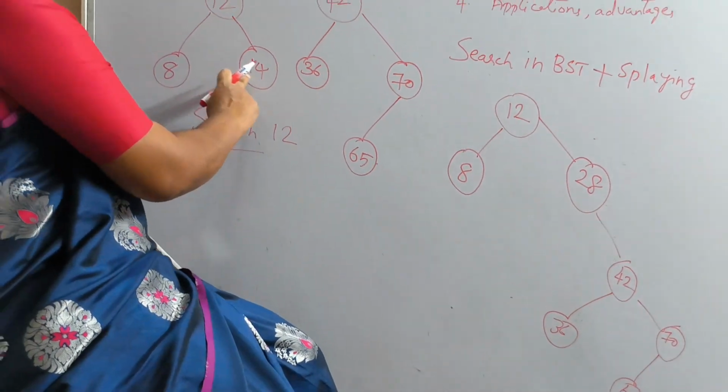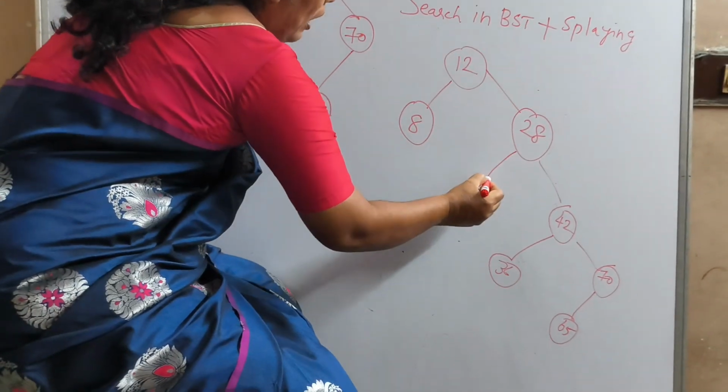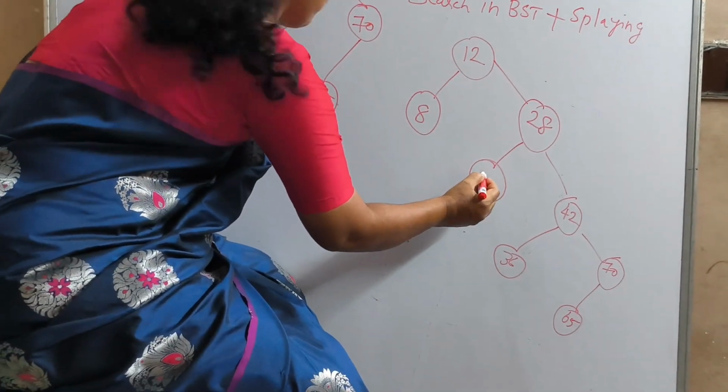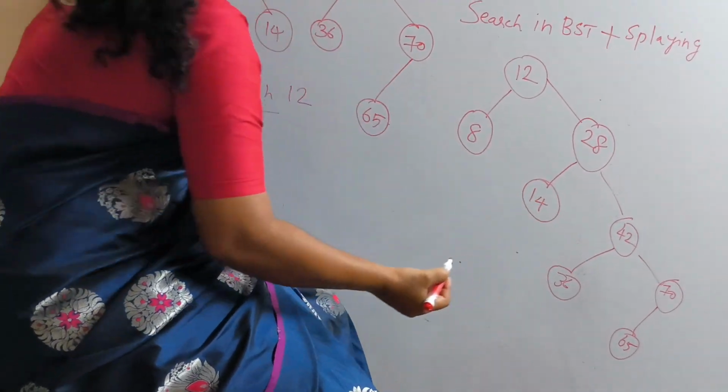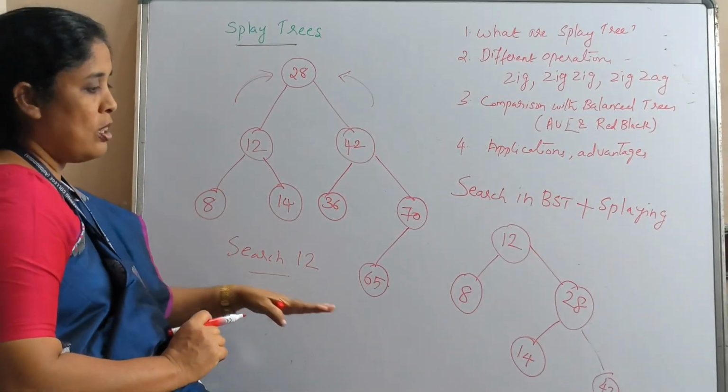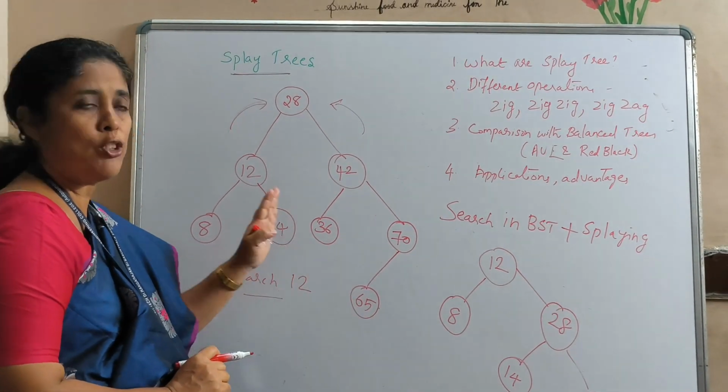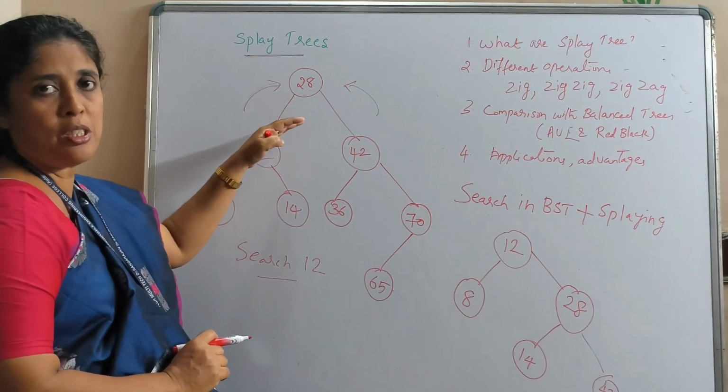So this 14 will be the left subtree of this one. So this will be your resultant tree after one right rotation is done.